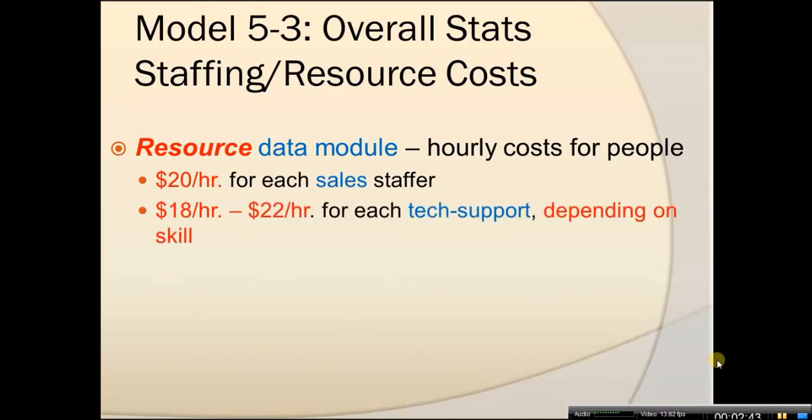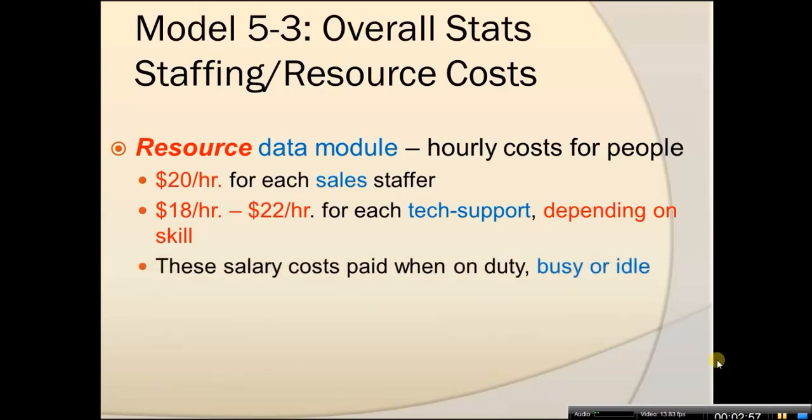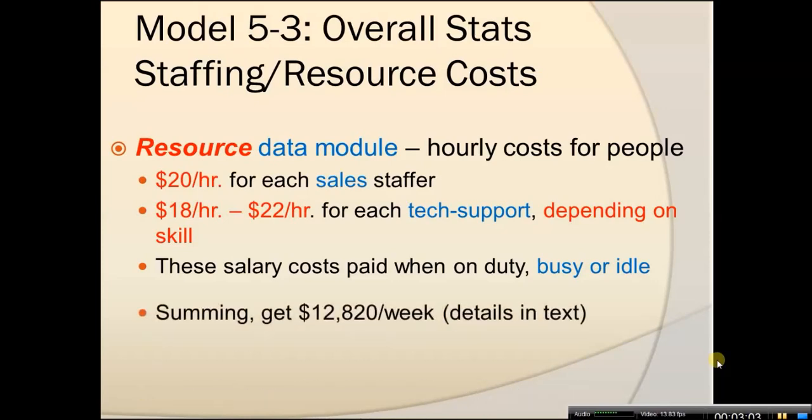And as you remember, we already introduced this cost that varies from $18 per hour, or $20 or $22 per hour for each tech support person, depending on their skill. And so these salary costs are paid when on duty, whether busy or idle, it doesn't matter.